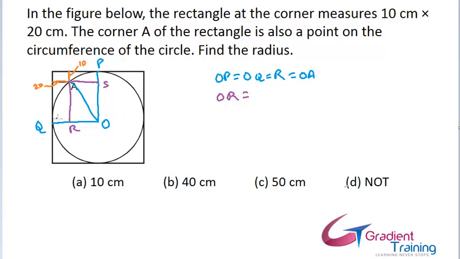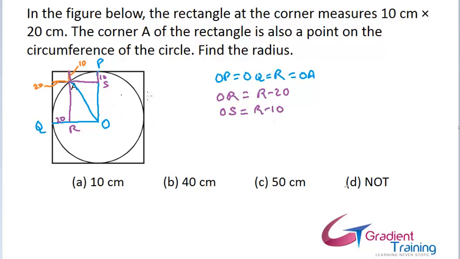So if that part is 20, this part will also be 20, and therefore OR is R minus 20. In the same fashion, we can find the value of OS. This length is 10. So that makes PS also 10. And from there, OS will be R minus 10.